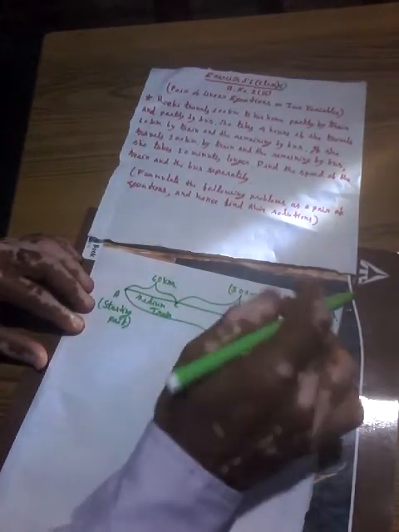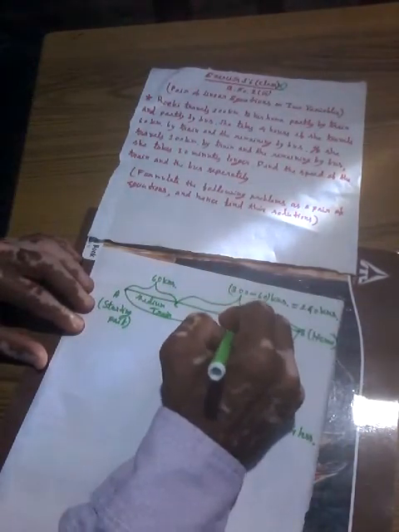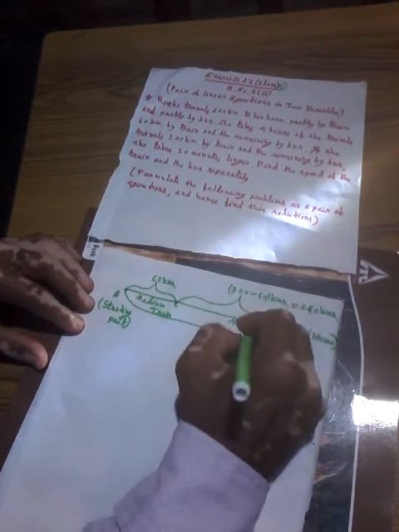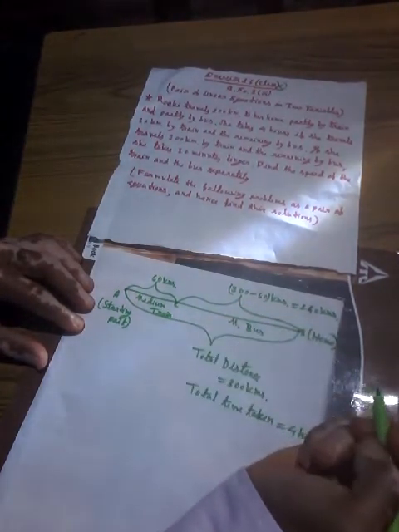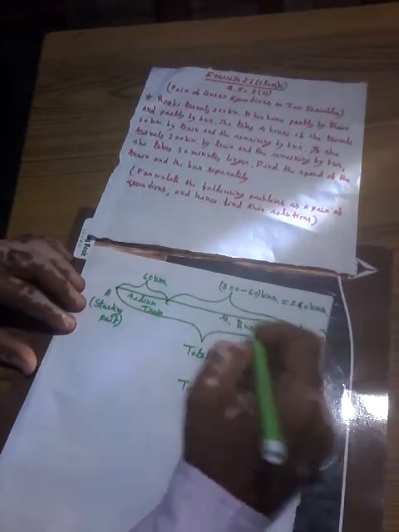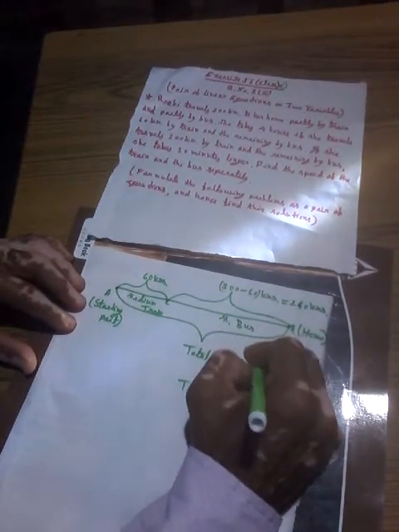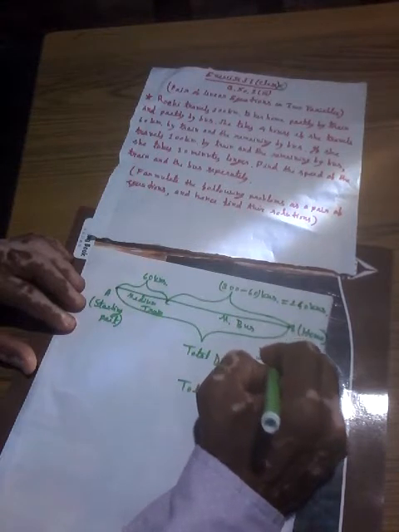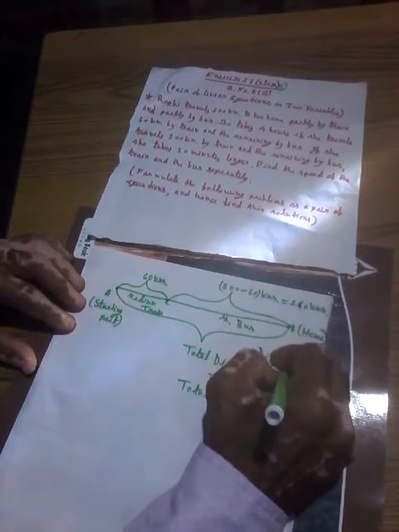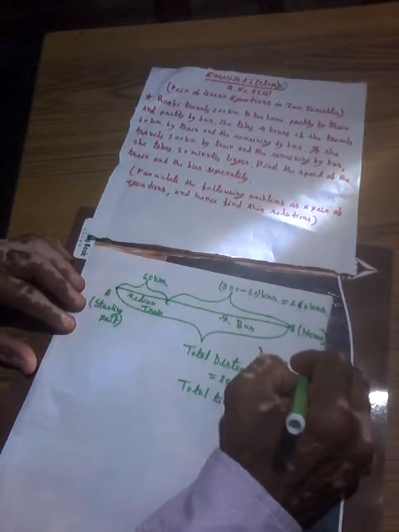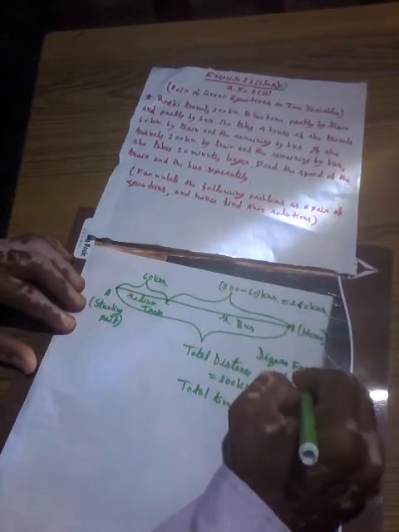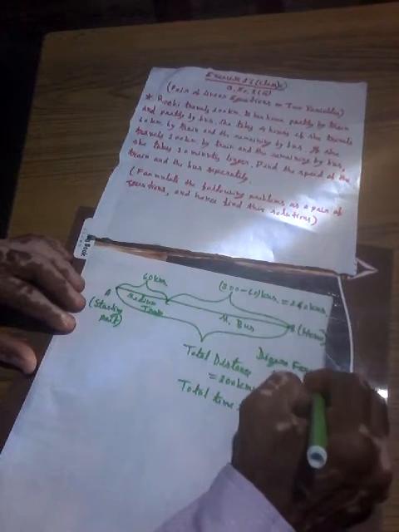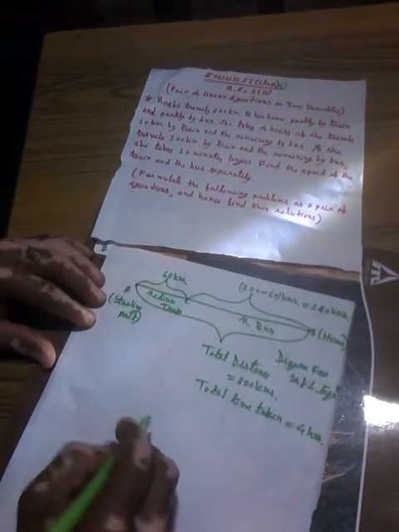This distance is covered by bus. That means the medium of transportation is bus. So this diagram is for the first linear equation.